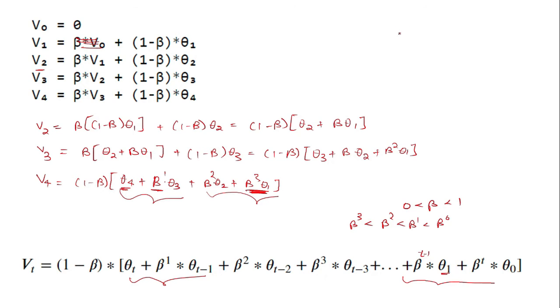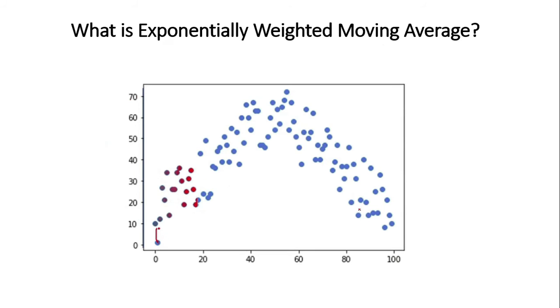Also, if the value of t is much higher, then beta power t will almost approach 0. Thus we can say that almost negligible importance is given to the older data points while the majority of the importance is given to the newer data points. And thus we saw the graph in such a way that the newer points were given higher weightage while the older points, as you can see here in this blue region, were given zero or negligible weightage.